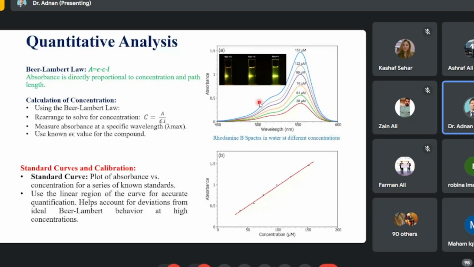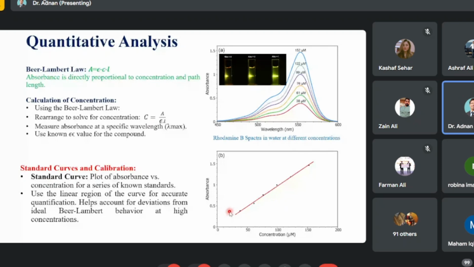And there are certain limits up to which you can increase the concentration, because there are certain limitations of UV visible spectrophotometry. So you can also calculate the concentration of unknown substances. For example, if you don't know the concentration of this middle one, the orange color, you can rearrange the Beer-Lambert law like this: C is equal to A divided by EL, and you can calculate the concentration of the unknown by using a standard curve or calibration method, where you have to take samples in different concentrations.